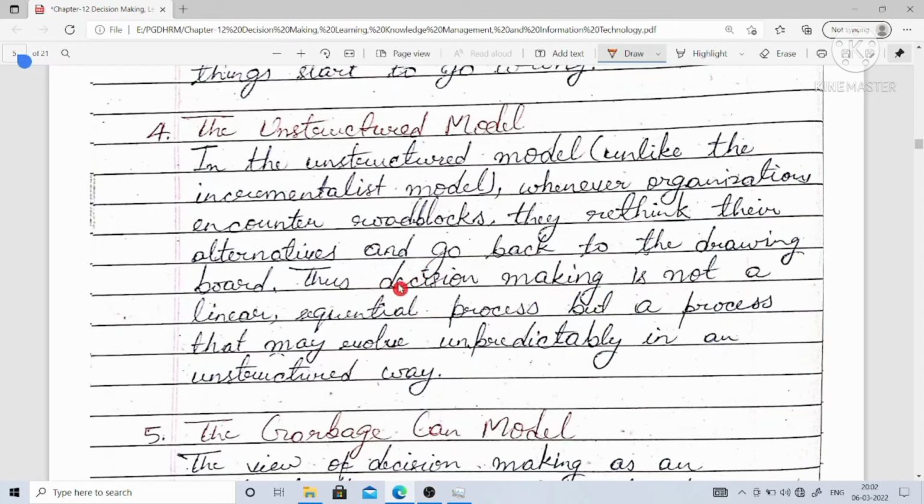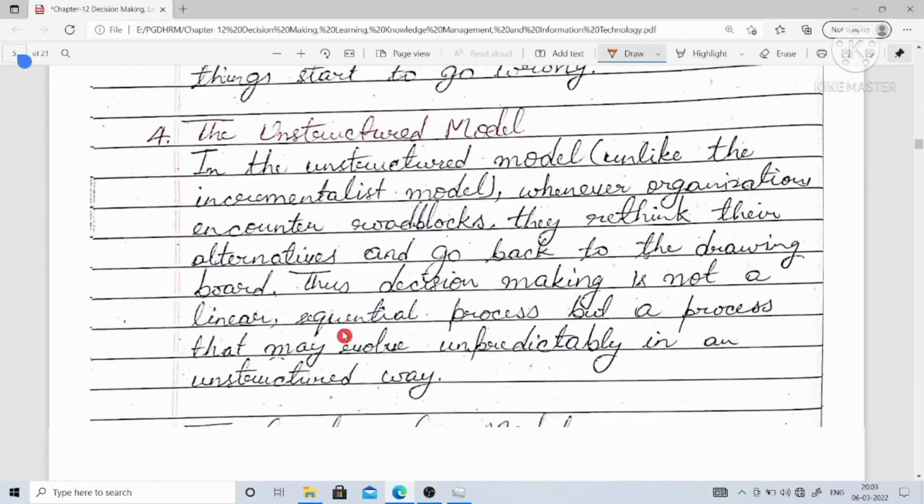Thus, decision making is not a linear, sequential process, but a process that may evolve unpredictably in an unstructured way. So that's what the unstructured model is.